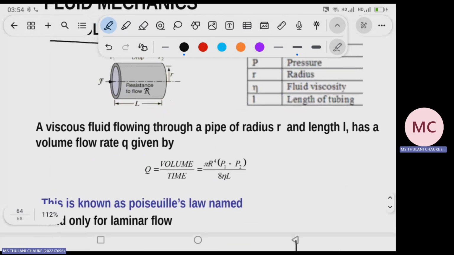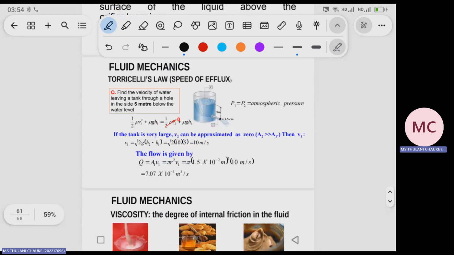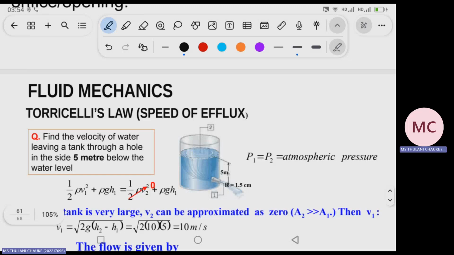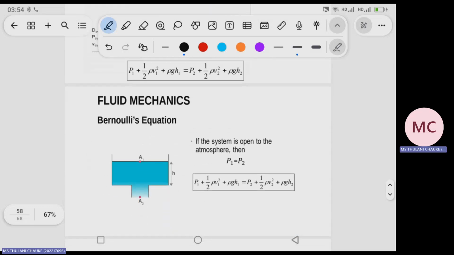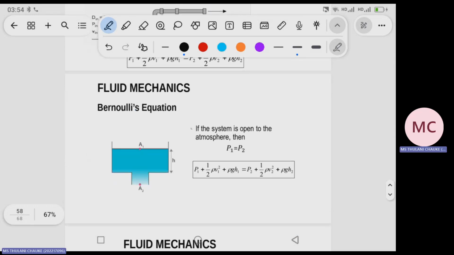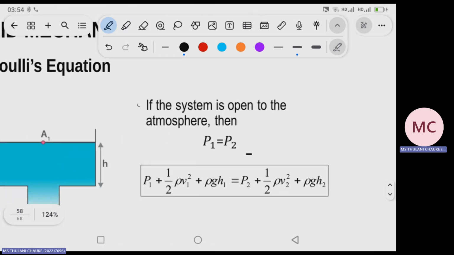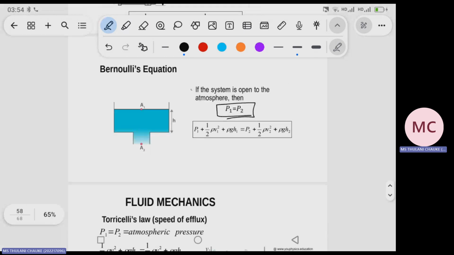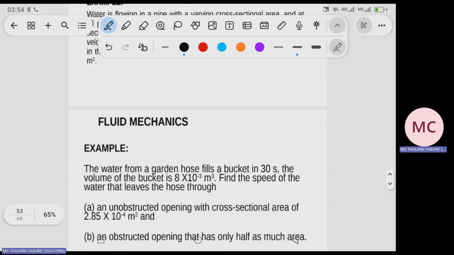Sometimes we'll be measuring the viscosity of the fluids, sometimes the speed. With Torricelli's law, it's all about getting the speed. With Bernoulli, it is all about the pressure. You can see it's more about P.